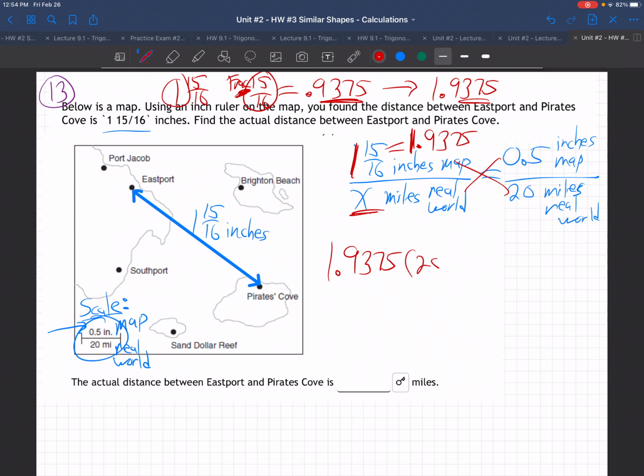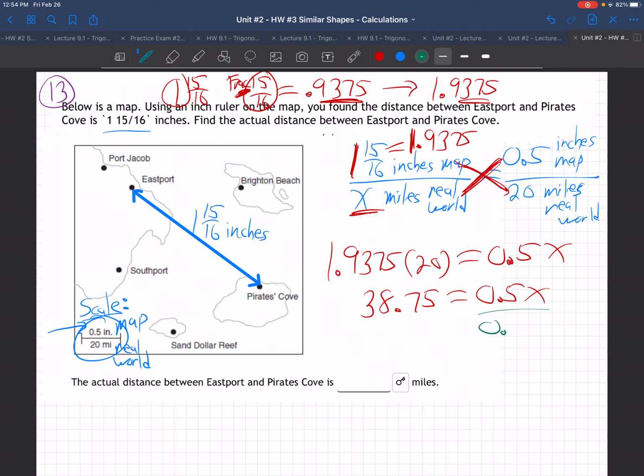1.9375 times 20. Right? These two multiply. Equals 0.5 times x. These two multiply. Multiply on your calculator times 20. I'm getting 38.75 is 0.5x.